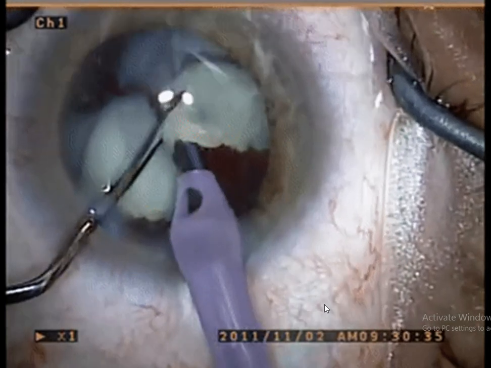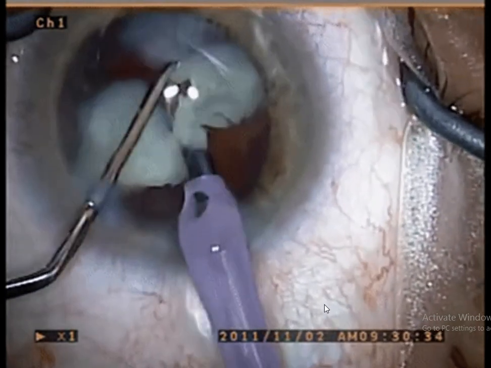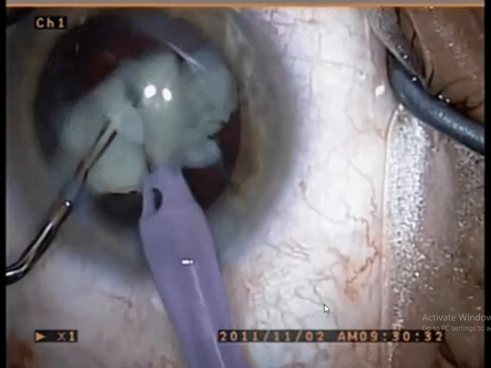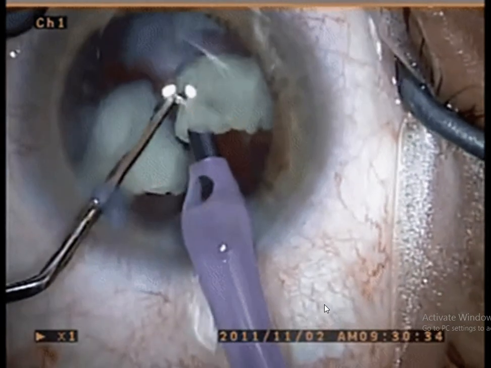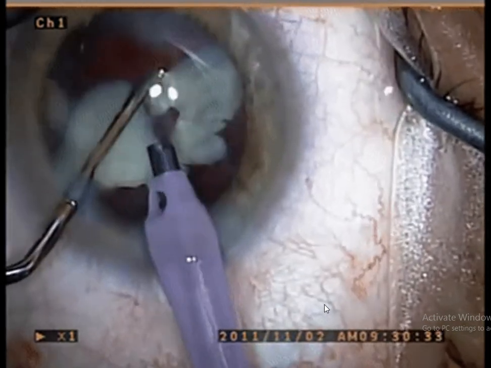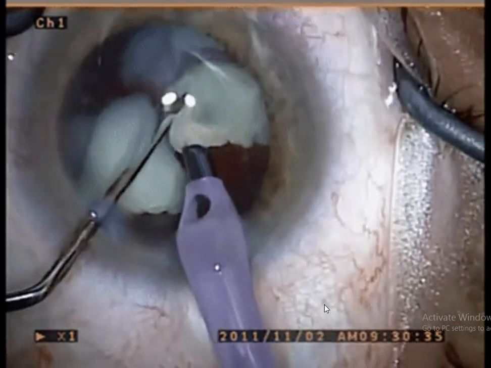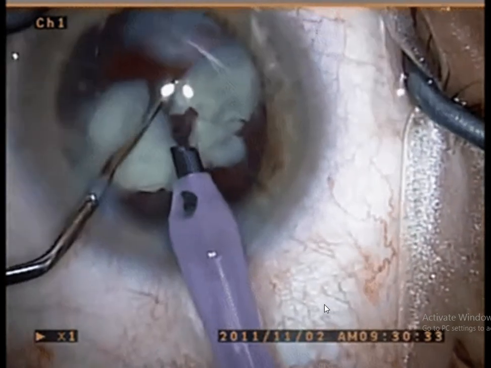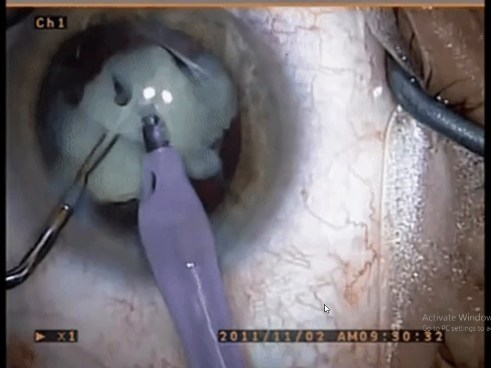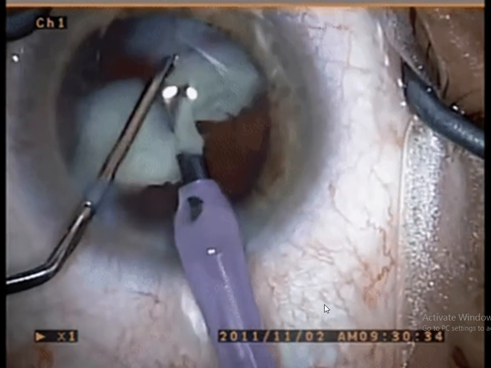This is the lens, the phaco. This is the lens which is broken down into pieces, and then after that it is sucked out through the instrument, and after that the IOL is implanted.